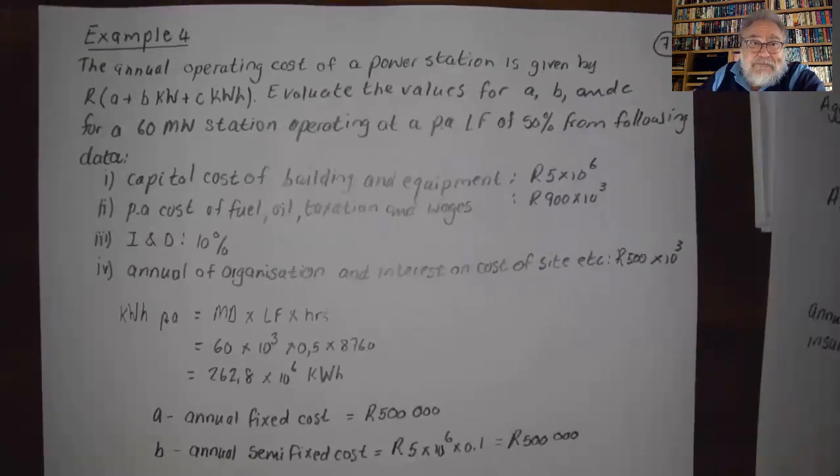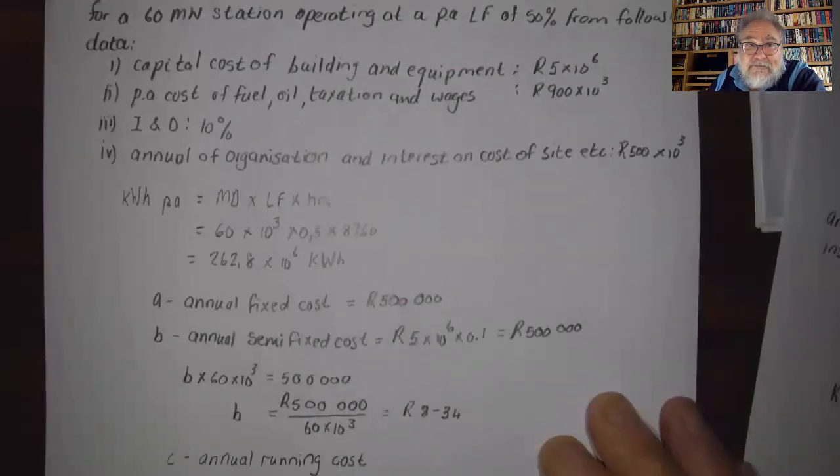Example 4. The annual operating cost of a power station is given by A plus B kilowatt plus C kilowatt hours. Evaluate the values for A, B, and C for a 60 megawatt station operating at a per annum load factor of 50% from the following data.